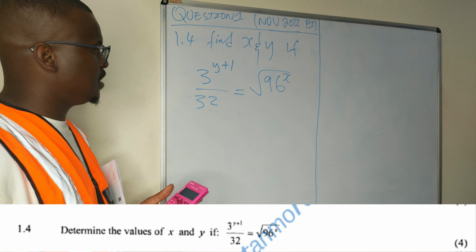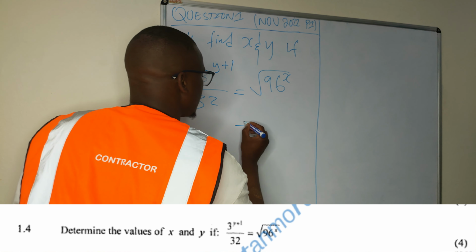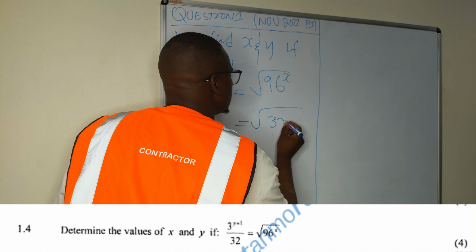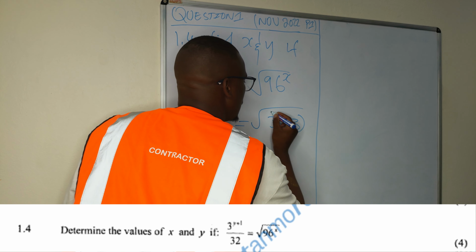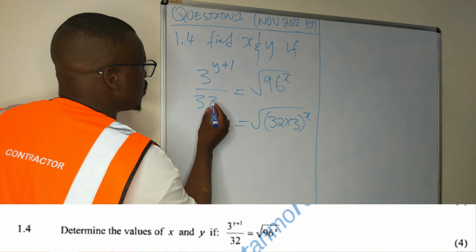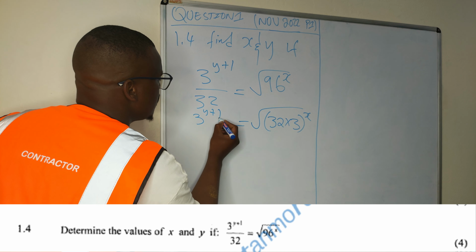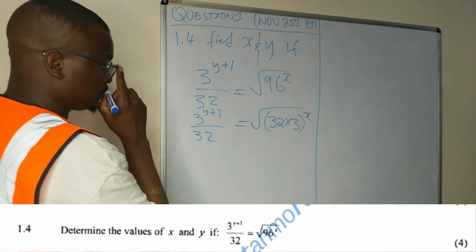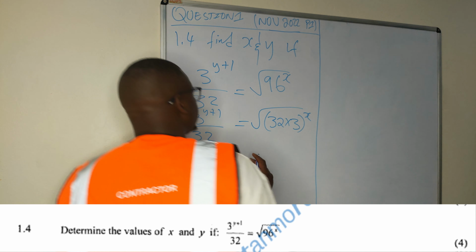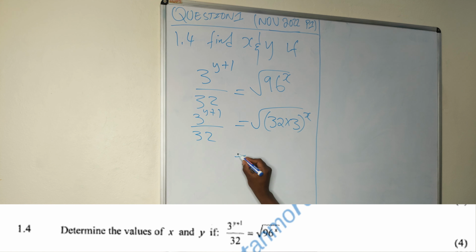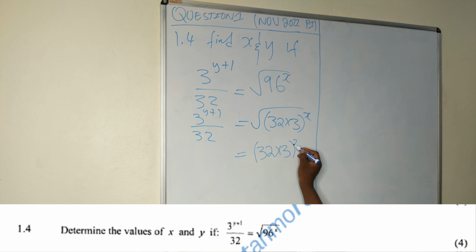So it's 32 times 3. So what you have here is the square root of 32 times 3, all raised x, equal to this thing here, which is 3 raised y plus 1 over 32, right? And then what can we do here? From definition we know that 32 times 3 raised x is equal to this, all raised 1 over 2.